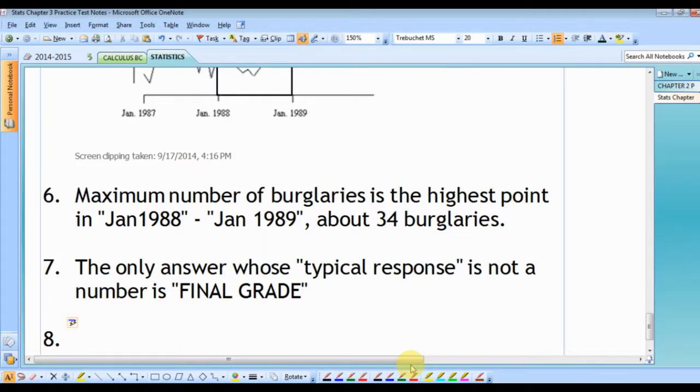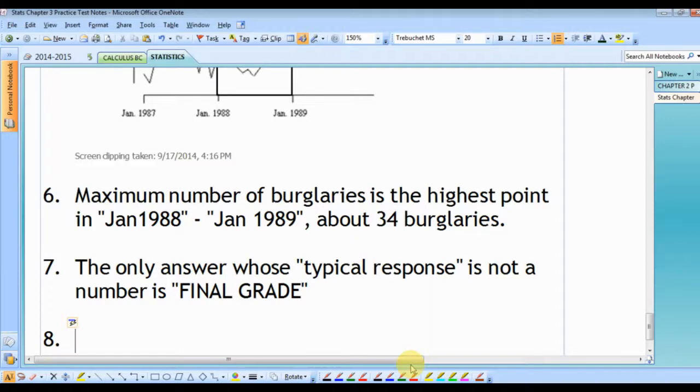Doesn't really matter. If it's a small, lower number, it'll still be a rectangle. C, label the vertical axis so the reader can determine the counts or percent on each class interval. I think that's right. You do want to label your graph. And D, make certain the mean and median are contained in the same class interval.